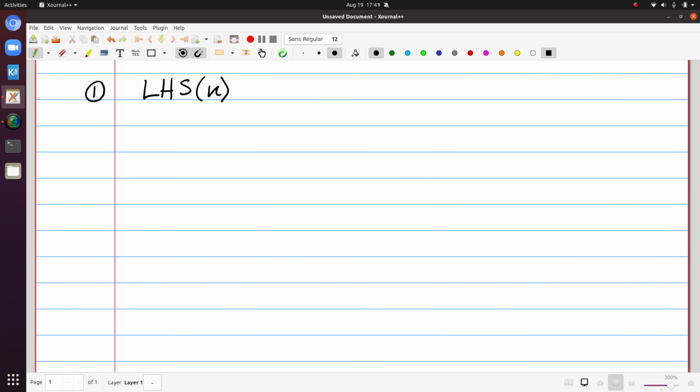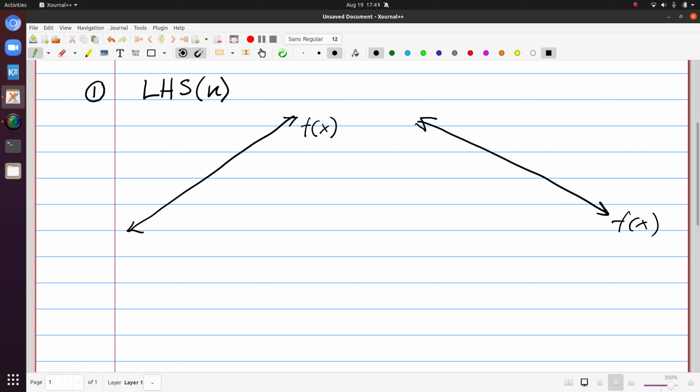If we consider the function f of x, then think about whether or not the function is known to be increasing versus decreasing. So of course, it doesn't have to be a linear function, but trending in this way. So the key feature I have here is f is increasing.